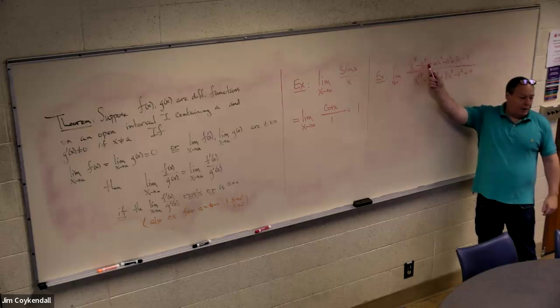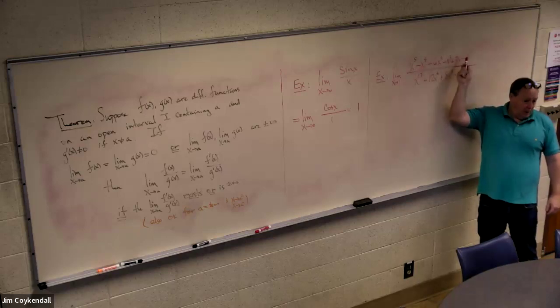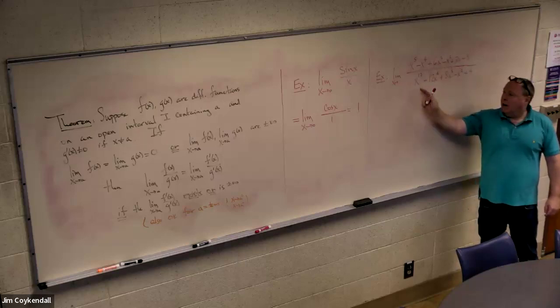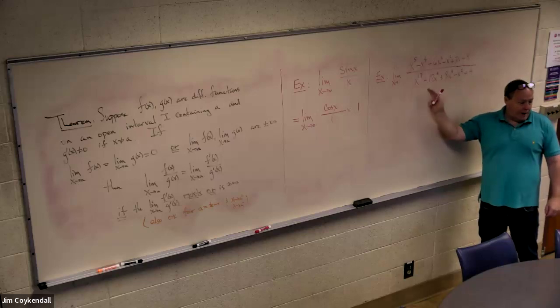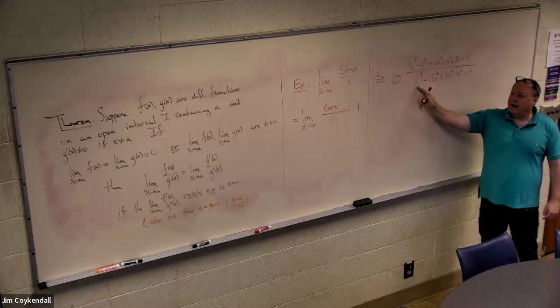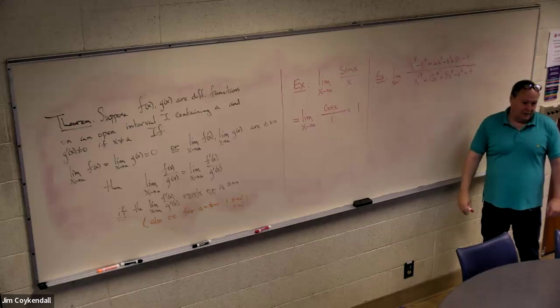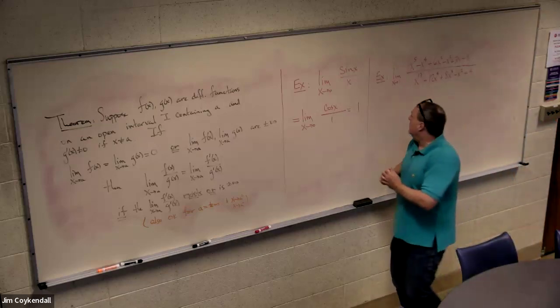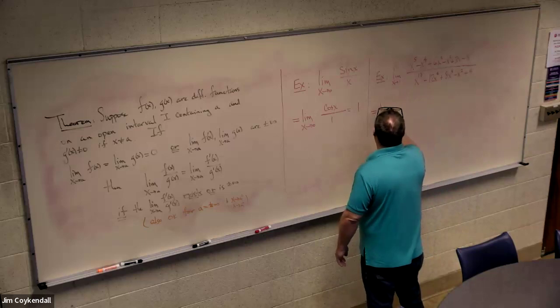Because notice when I plug in 1, I get 0 on the bottom. That means this polynomial has to have a factor of x minus 1. Now, who wants to divide x minus 1 into these and figure out what that other factor is? Nobody, right? That's going to stink. Let's try to look at the top and see what that is.